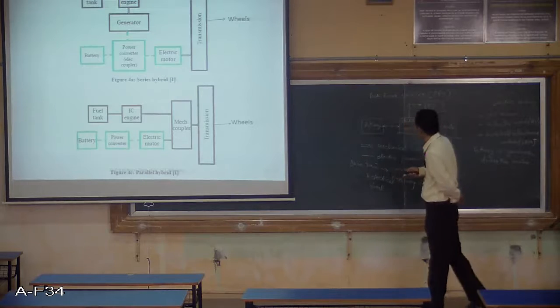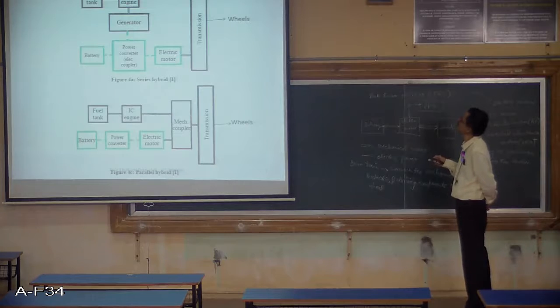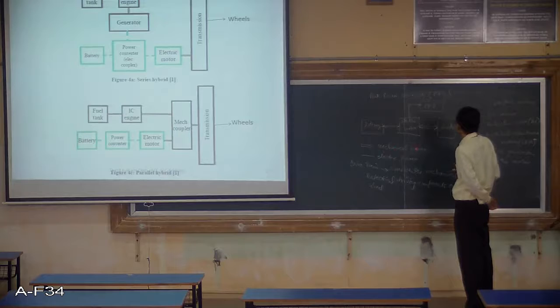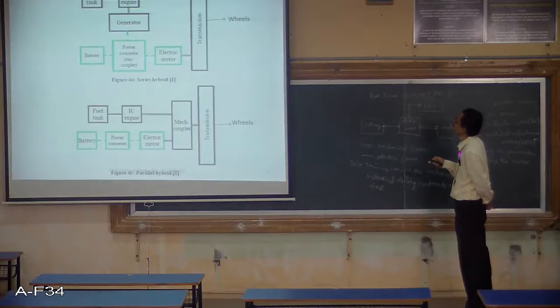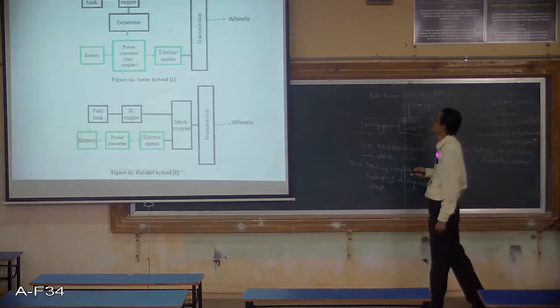Now whatever drivetrain we have seen here, in this case would be the mechanical drivetrain. You can see this is shown with a double line. This is the mechanical power, which is the power flow shown in the diagram.